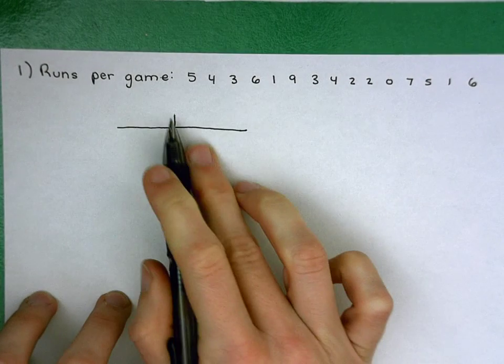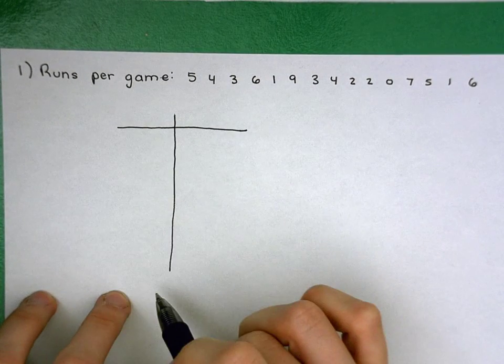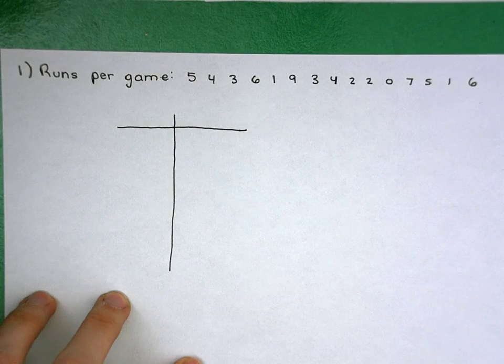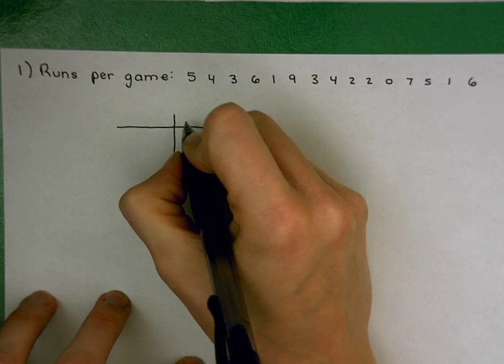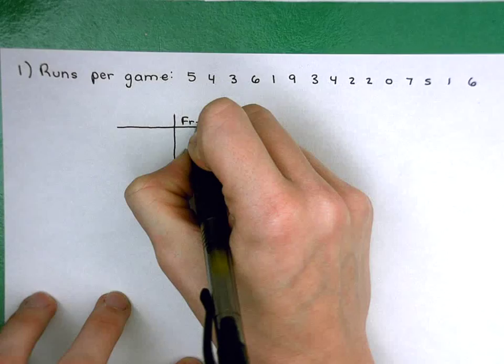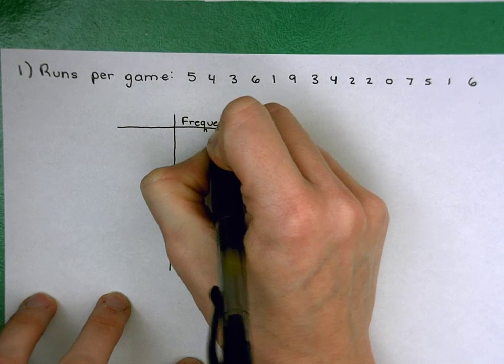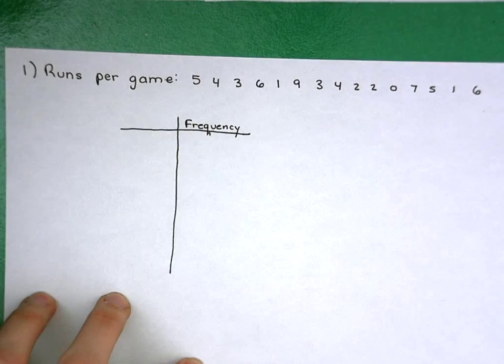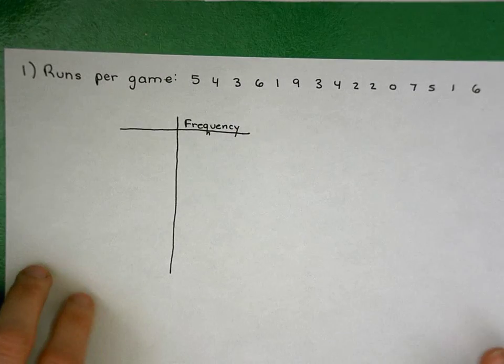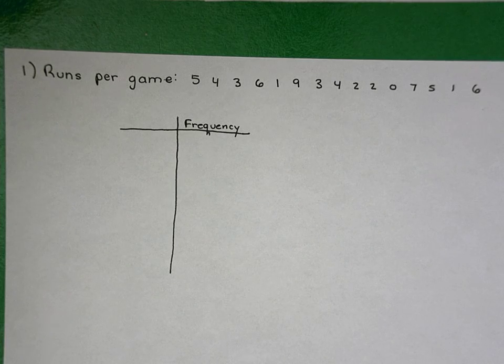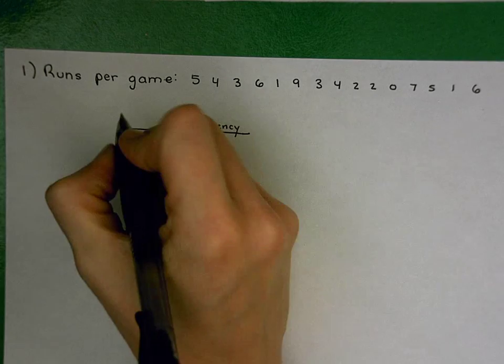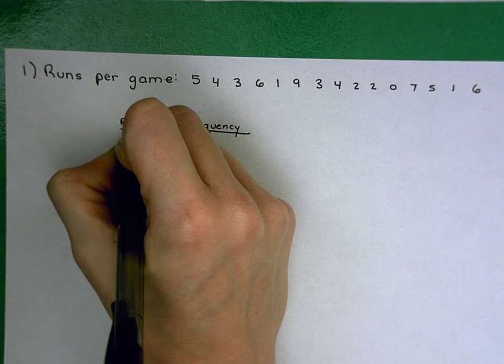The first one is going to be made up of intervals representing my runs per game. And the second one is going to be the frequency, or the number of times our data falls inside that interval. Right? Go ahead and put runs here.